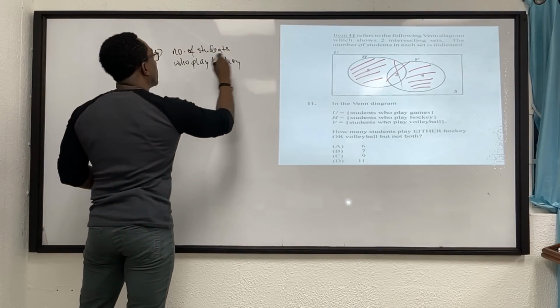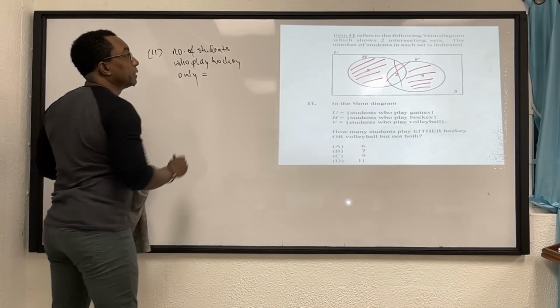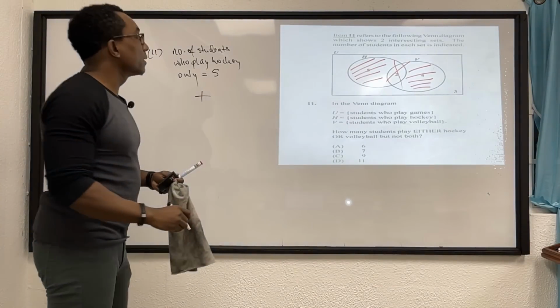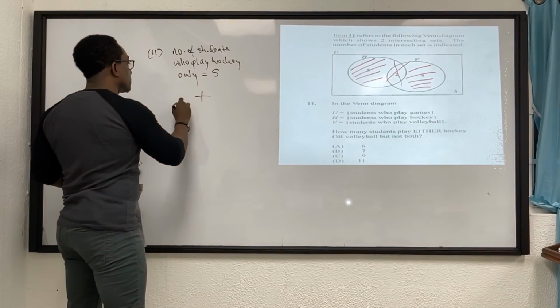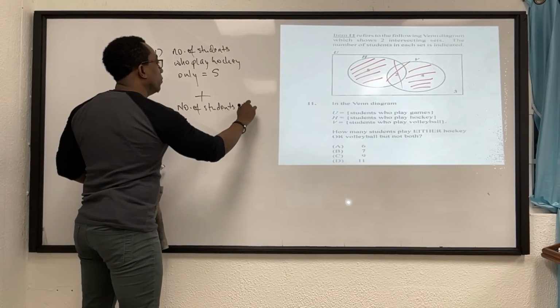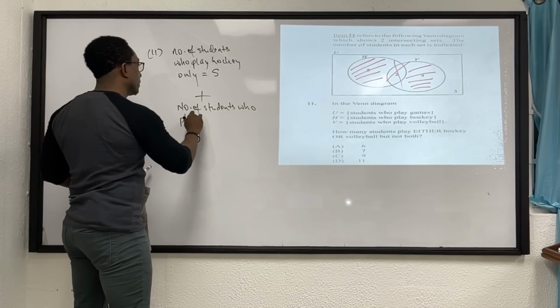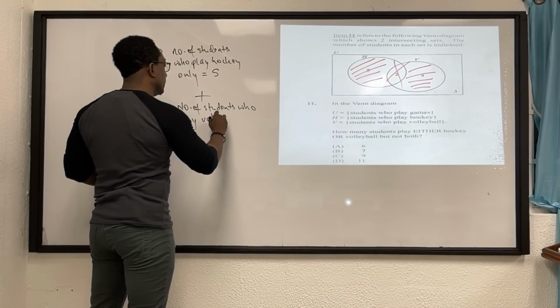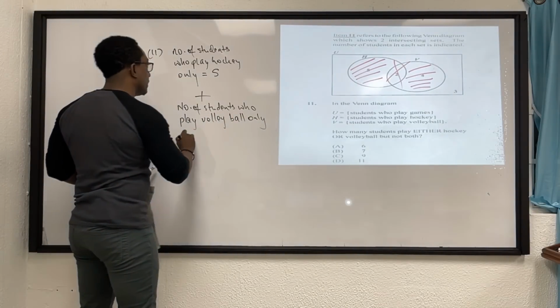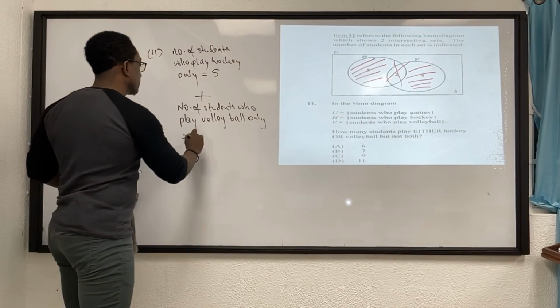hockey only, which is equal to 5 students, and we're going to add that to the number of students who play volleyball only. And that will be equal to 4 students.